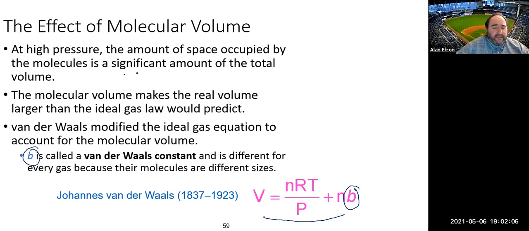And there are two constants, A and B, and we'll see the next one in just a second. These are what are referred to as van der Waals constants. And we find these values in a table. The problem, or one of the aspects of this, is they are different for different gases.